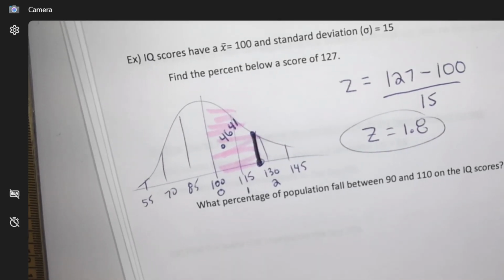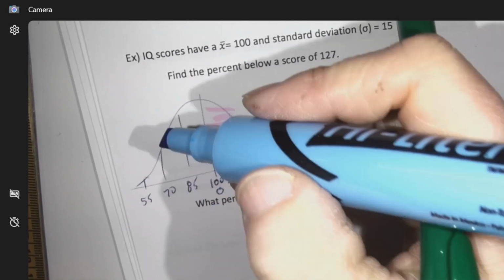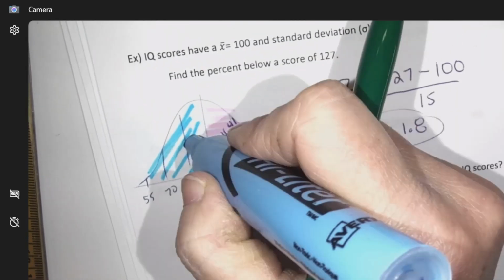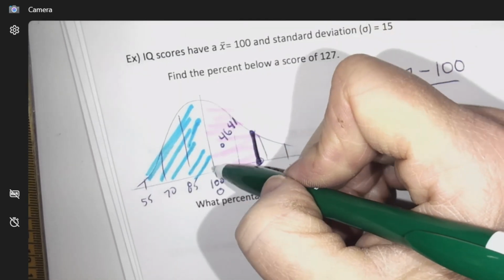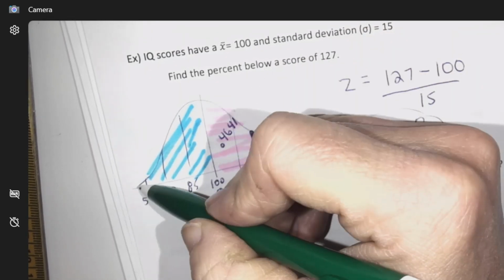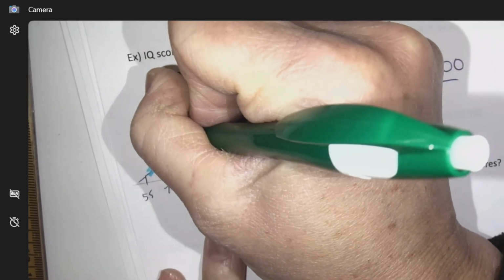The percent below me, I'm also going to do this though. I'm going to add all these people because they're all below me. Does anybody have an idea of what percent of the people would be in this zone? 50. Exactly 50.